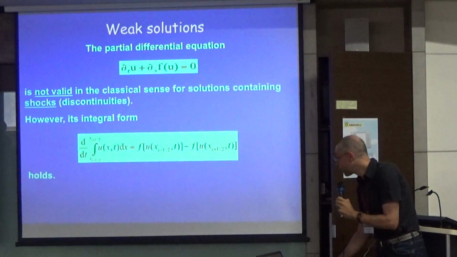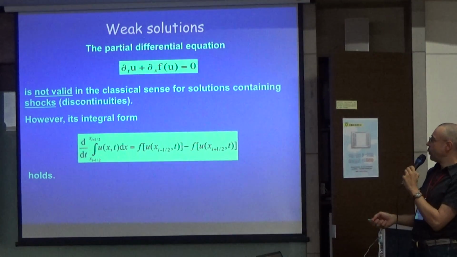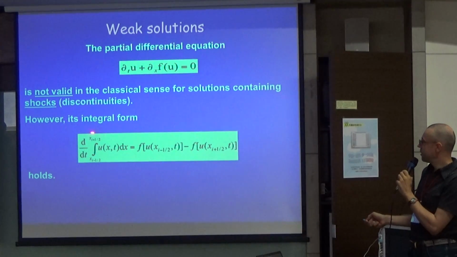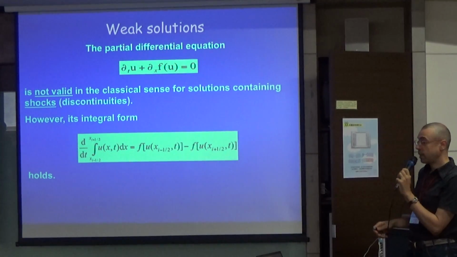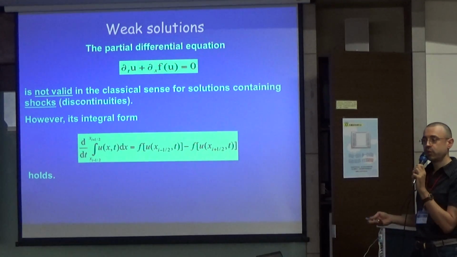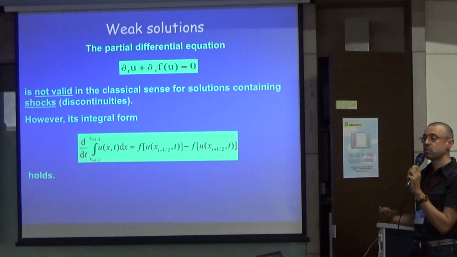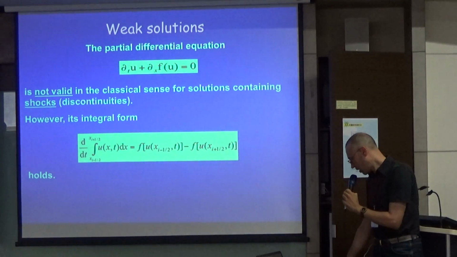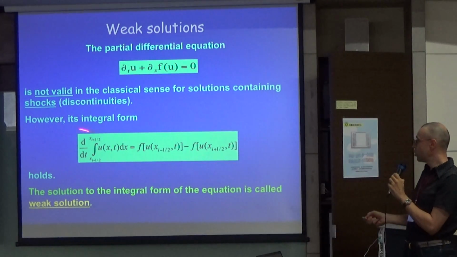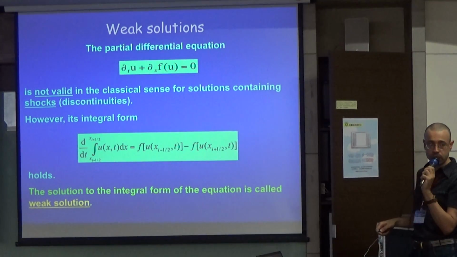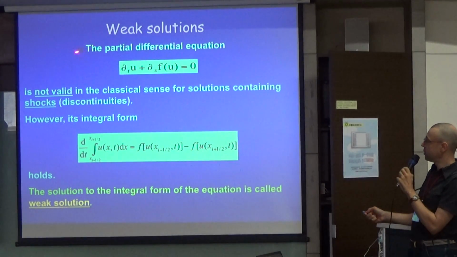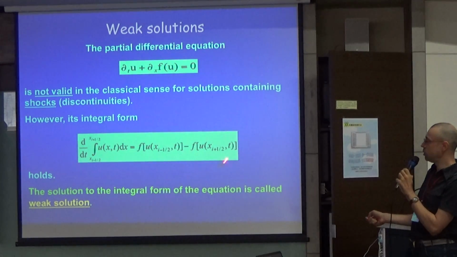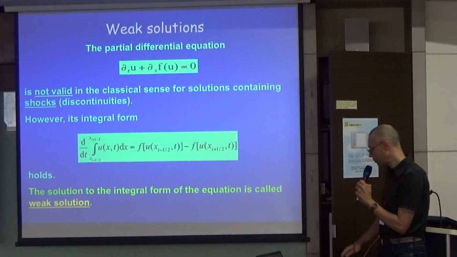We integrate this equation in space, and we get a different equation that is valid also for discontinuous functions. So it's also valid when shocks are present. And the solution of this equation is called the weak solution of the equation. The weak solution to this original equation is the solution to the integral form of the equation.